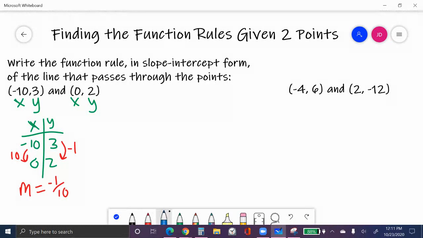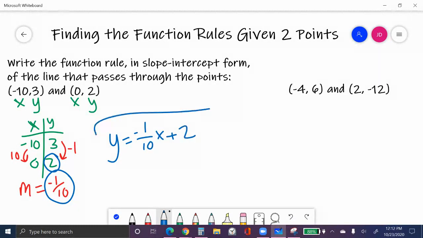So we have my m and we have my b. So your equation is y equals negative 1 over 10 x plus 2. That's my final answer.